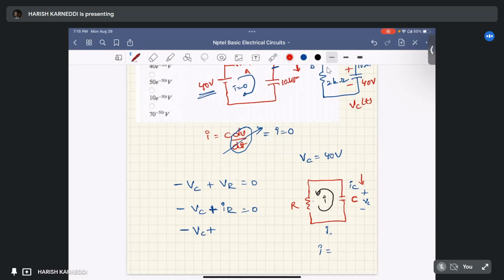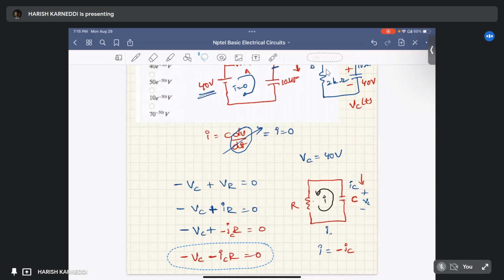So we can write I equal to minus IC, that equals minus IC into R equal to 0. So minus Vc minus ICR equal to 0. We can write like this, right?